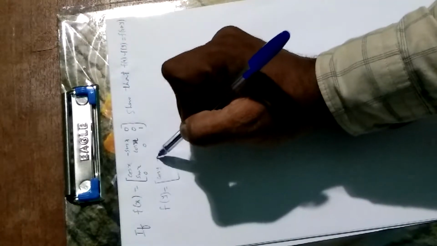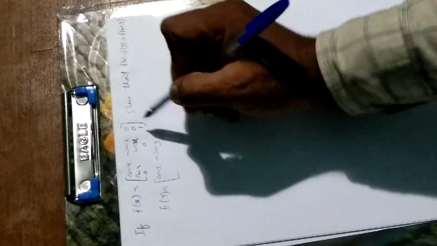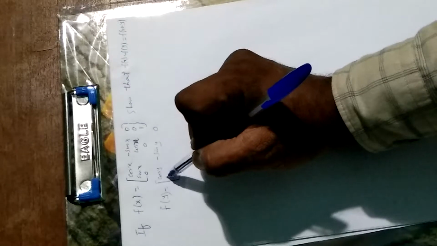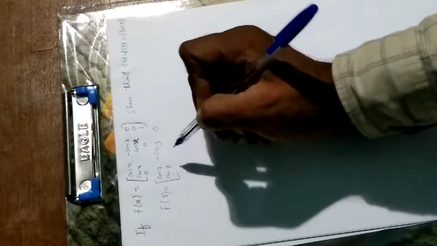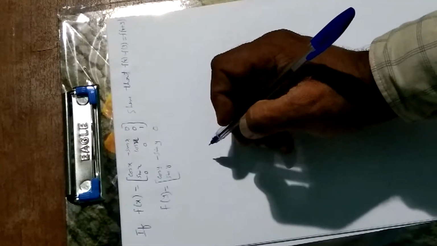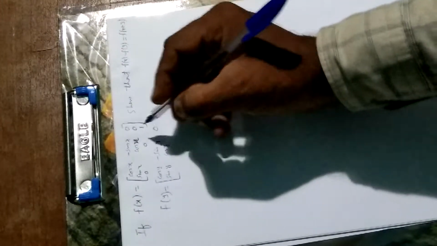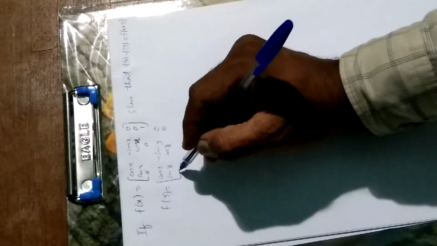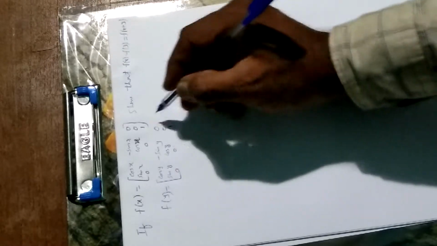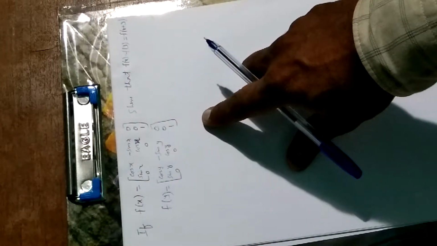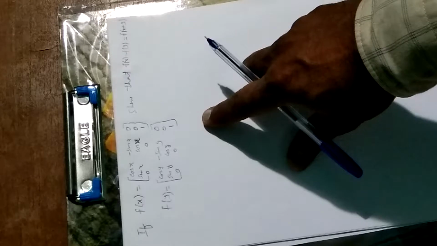Minus sin x will become minus sin y, 0 as it is. There is no x here. Sin x will become sin y, then cos x will become cos y, then 0, then we have 0, 0, 1, right? What we did, we replaced x by y.